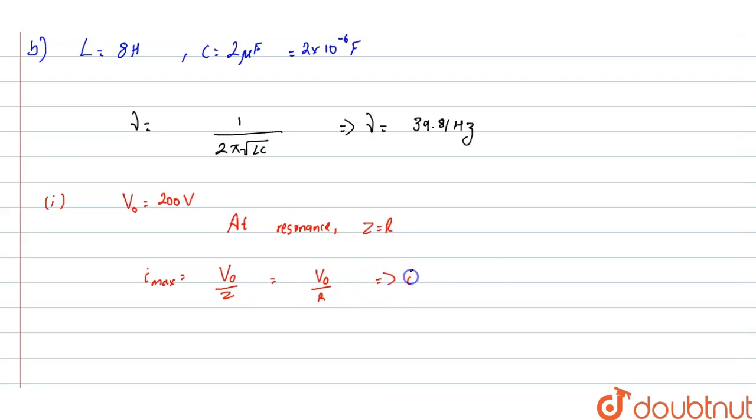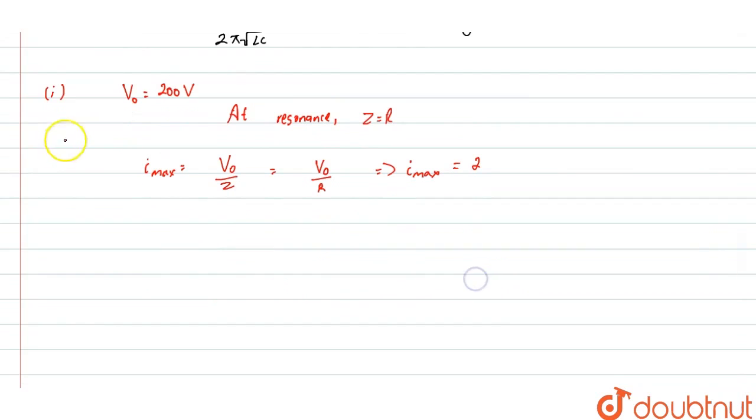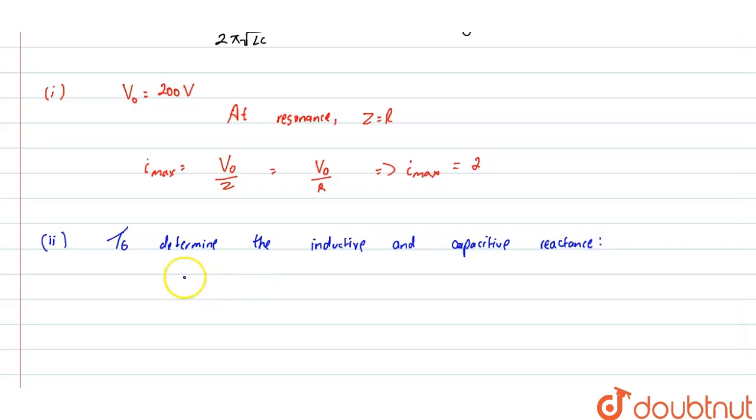Now for the second part, to determine the inductive and capacitive reactance at resonance. At resonance, we get XL equals XC. That is a condition at resonance.